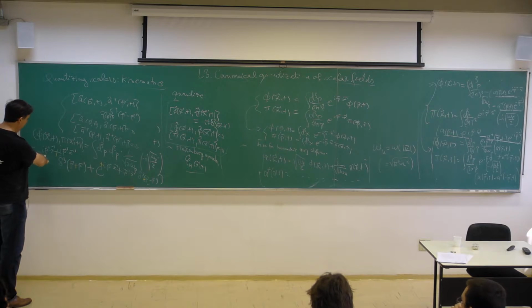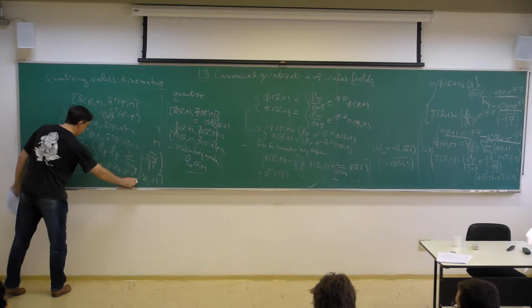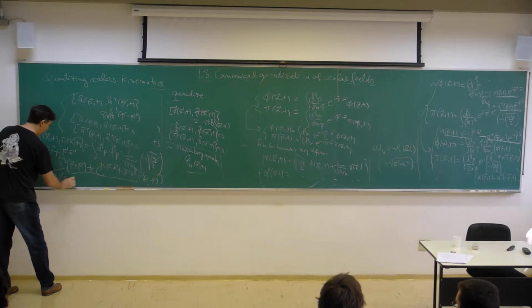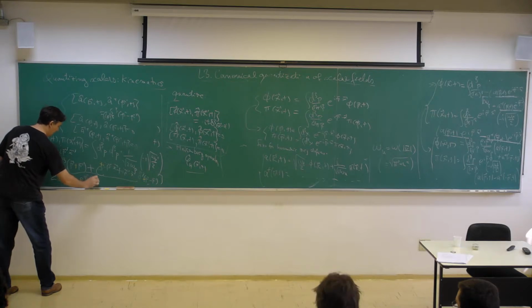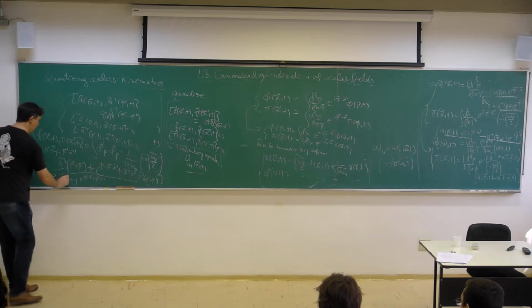Okay. And then, as we saw, we get the same e to the I px and the same delta. So these two terms give just twice delta 3 p minus p prime e to the I px plus I p prime x prime. Right?